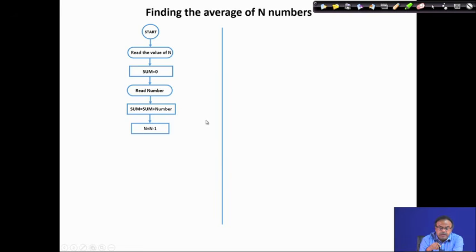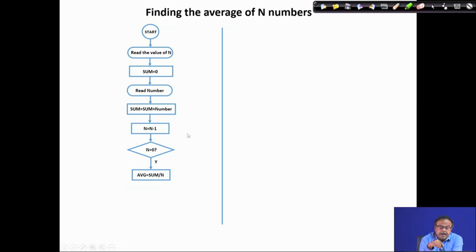Now, I have to check, have I read all the numbers? What is the value of n? The value of n is 99. That means n is not 0. That means I have not been able to read all the numbers.